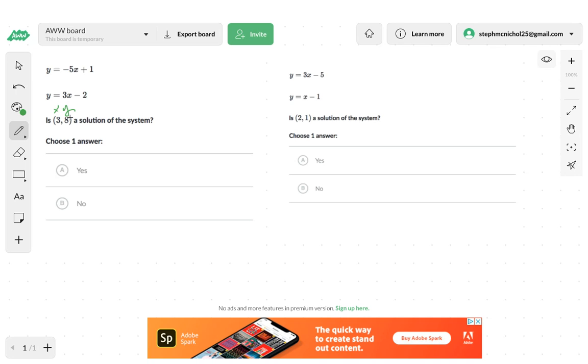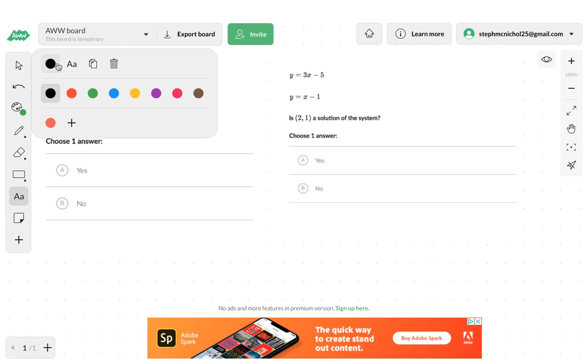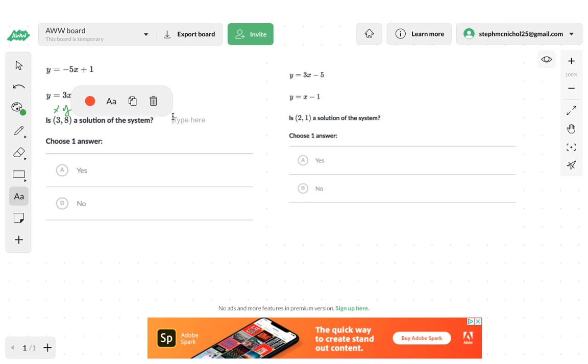So if I were to work on this first equation, if I have y equals negative 5x plus 1, I'm going to take my y value, which is this guy right here, and I'm going to plug it in for y. I'm going to put my equal sign, and then I'm going to fill in negative 5, because that's already in the equation, times my x value, which is my 3, and then I'm going to add 1.